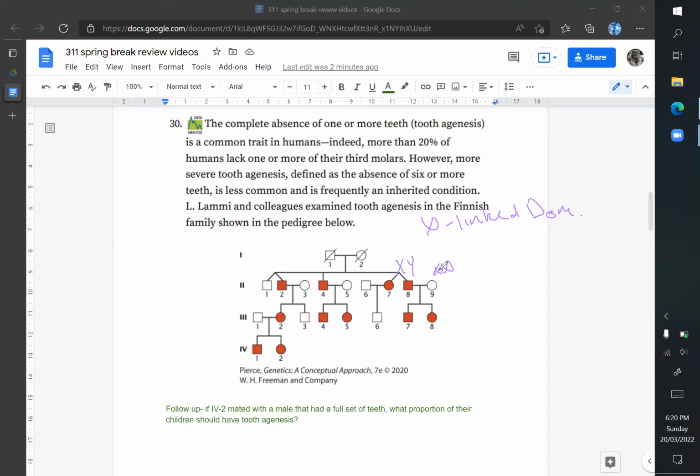So for this female who has two X chromosomes, that's how they're female in the first place, for them to be unaffected, they couldn't have a dominant X allele in the case of X-linked dominant inheritance because then they would be affected. So we see that this falls apart really quickly because this individual who is a male and is affected passes on their Y chromosome to this individual, their male offspring.